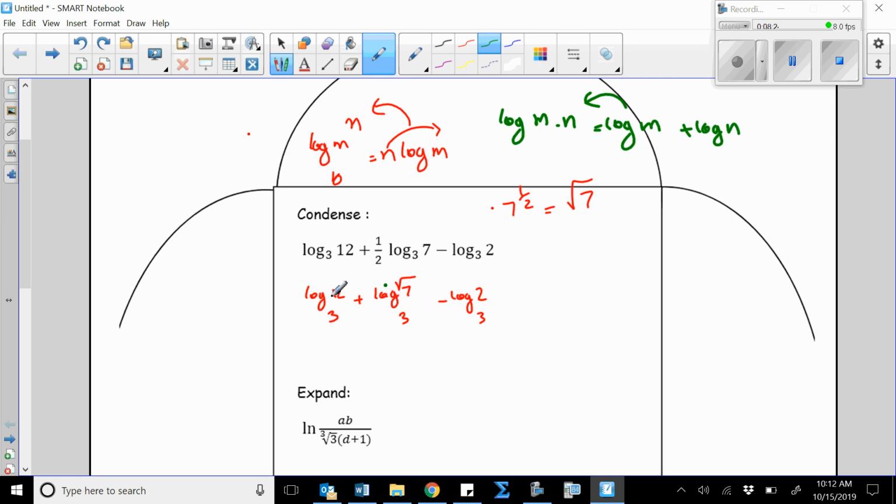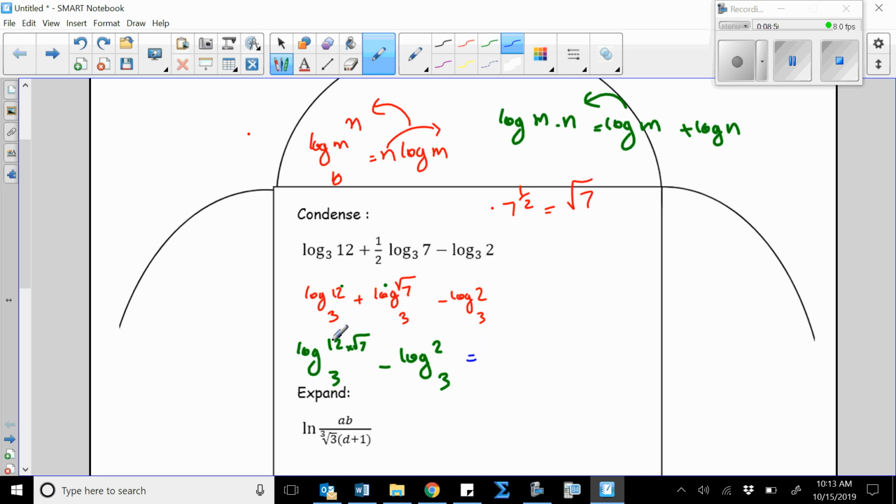I already have log of 12 plus log of square root of 7, and the bases are the same. Notice the base should be the same. So I can change this to one single log. This will be log of 12 times square root of 7 with base 3 minus log of 2 base 3.